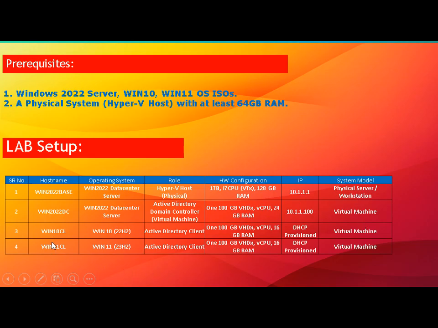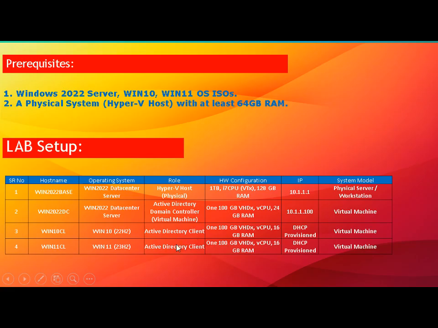And the next two machines are our Active Directory client machines. One is Windows 10 CL and one is Windows 11 CL. One will be running Windows 10 version 22H2, and the second will be running Windows 11 version 23H2.